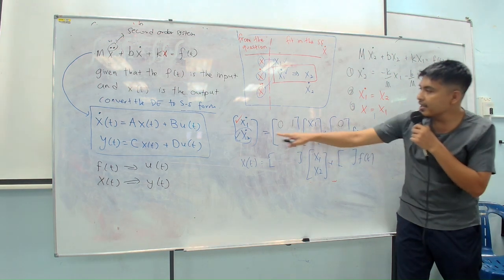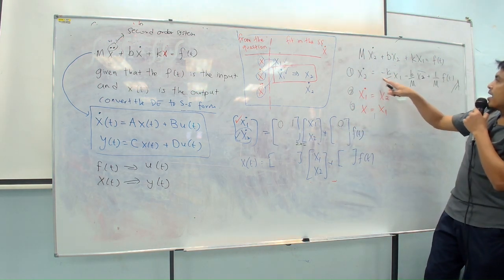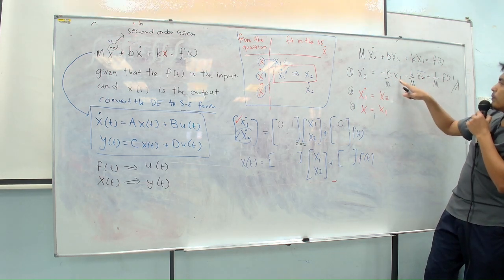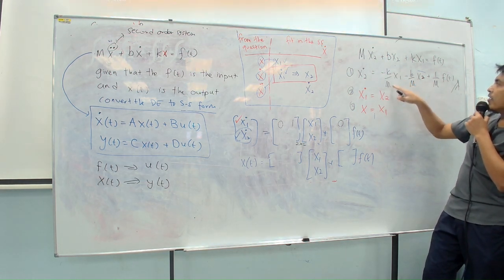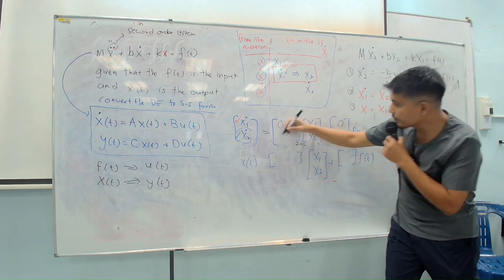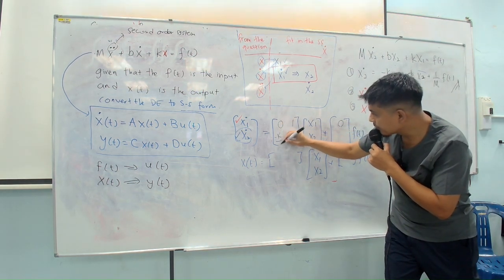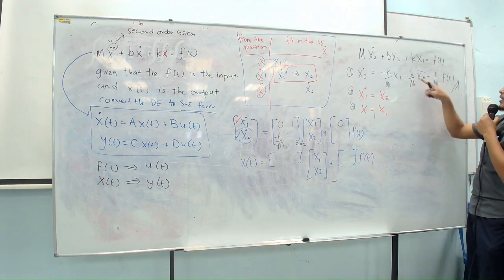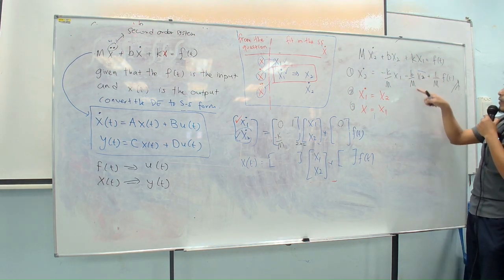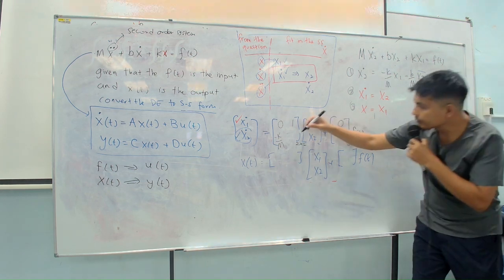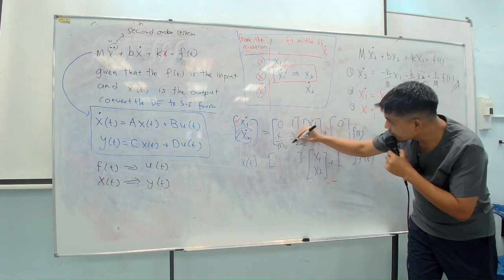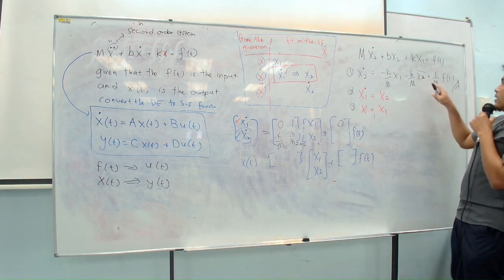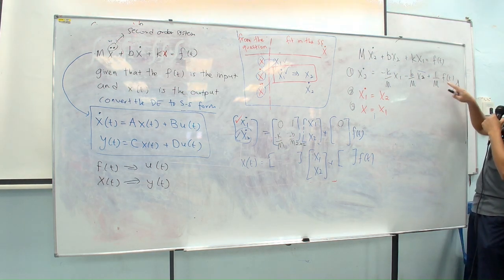Okay? And then the x2 dot. For x2 dot, the parameter that multiplies with the x1 is negative k over m. The parameter that multiplies with x2 is negative b over m. The parameter that multiplies with the ft is 1 over m.